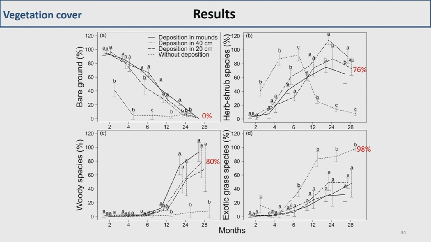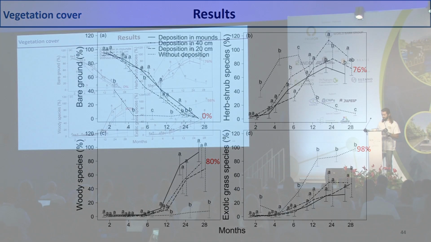All three deposition treatments brought similar changes in vegetation cover and were equally different from the control treatment. The proportion of bare ground decreased to 0 in 28 months, due to a 76% increase in coverage of ruderal herbaceous shrubs and 8% of woody species.